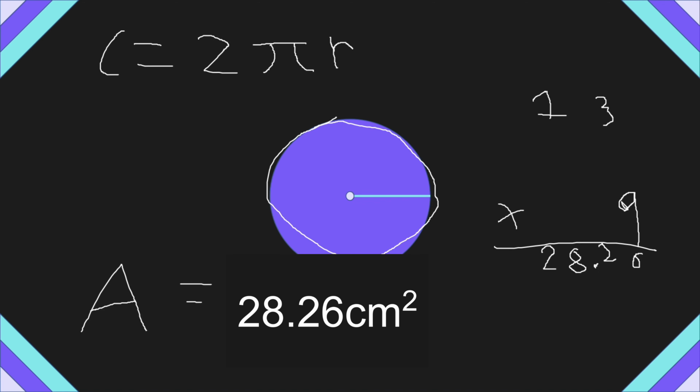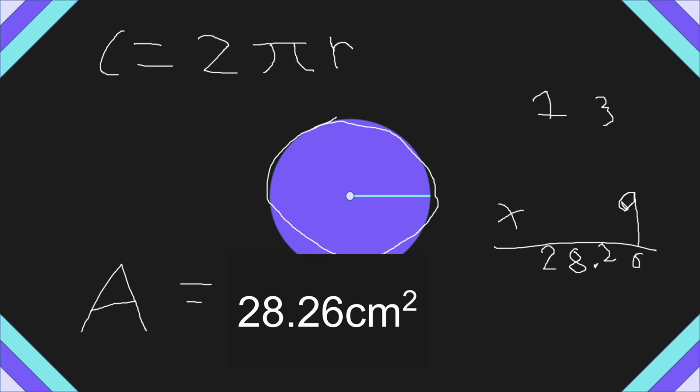And if you want, we can also use the diameter for this. If we're using the diameter, we would just remove the 2, and instead of r, we would put the diameter.